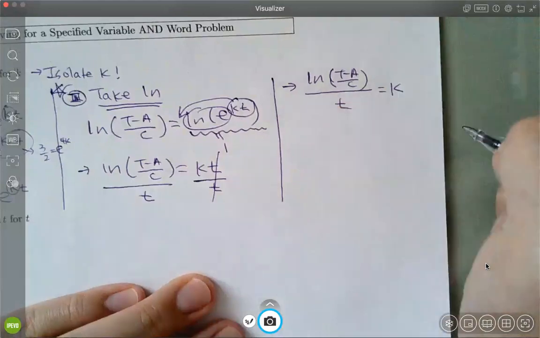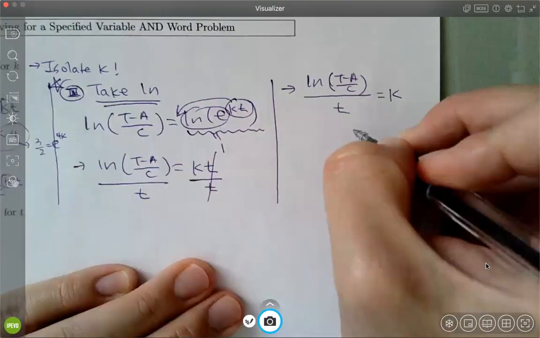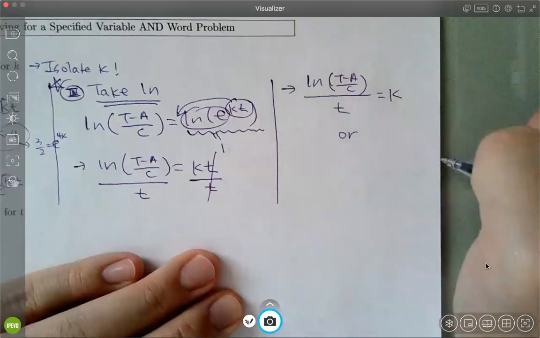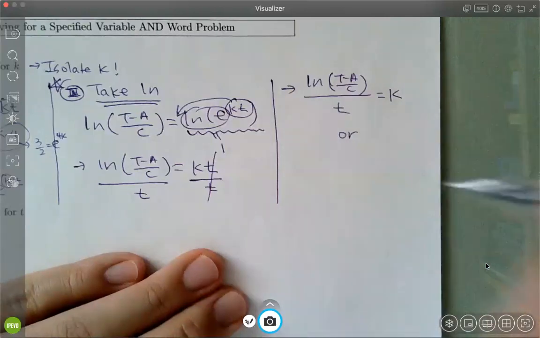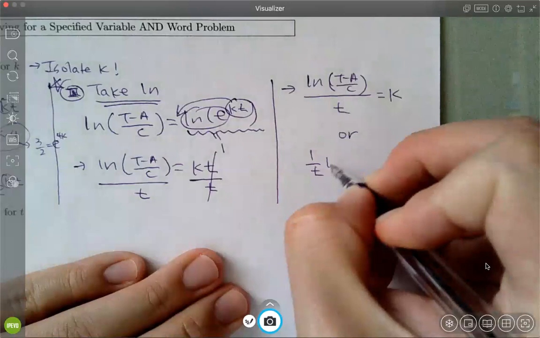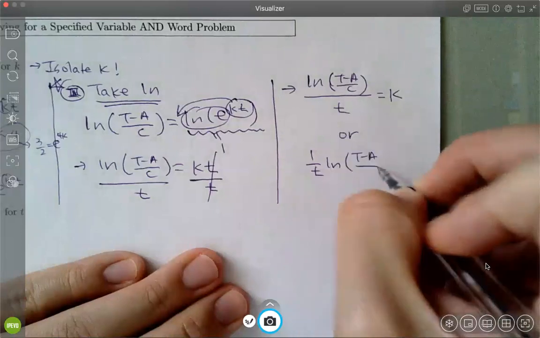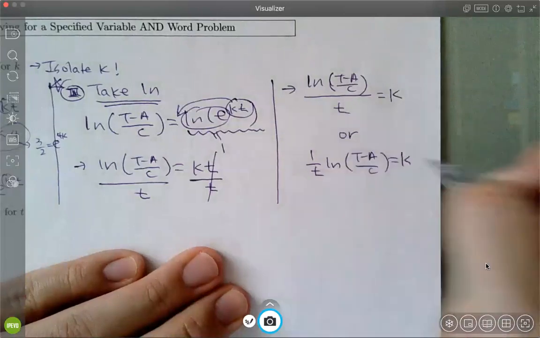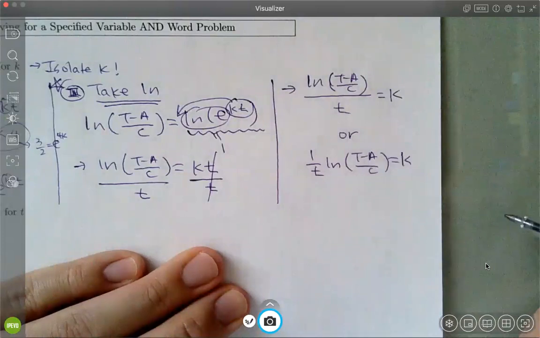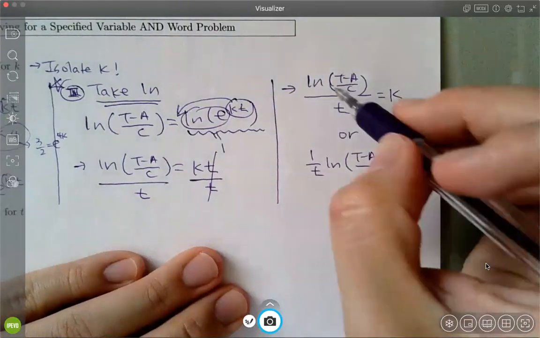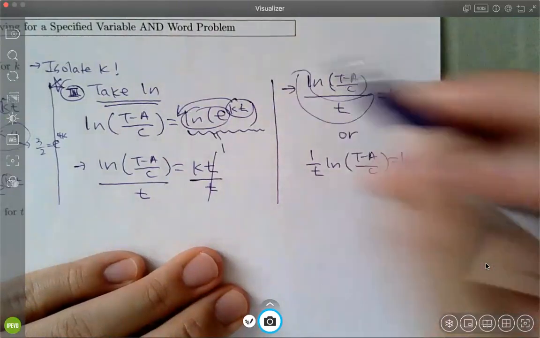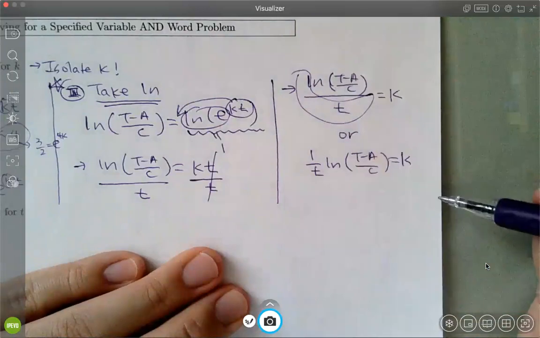Or if you want to write it in a slightly nicer way, what can you do? 1 over t times ln (t minus a) over c equals k, right? We just wrote 1 over t to the front of the numerator. So either way.